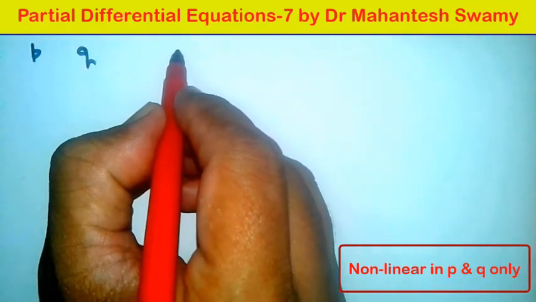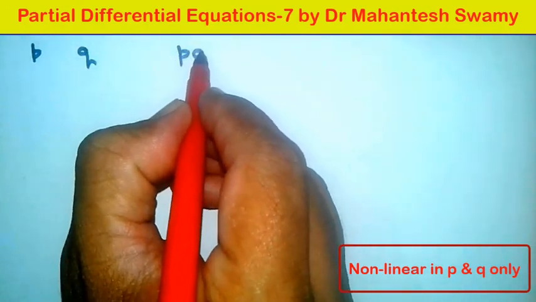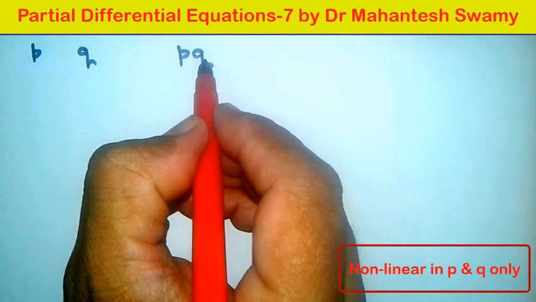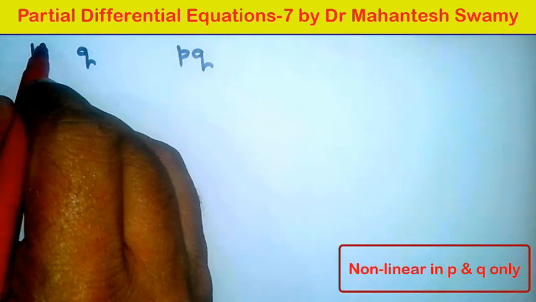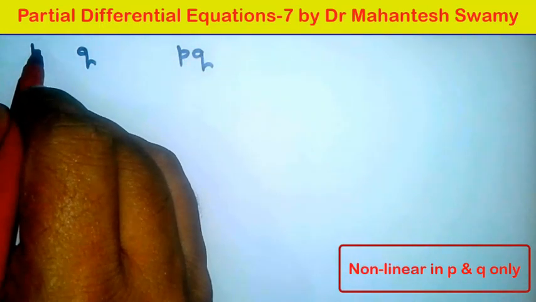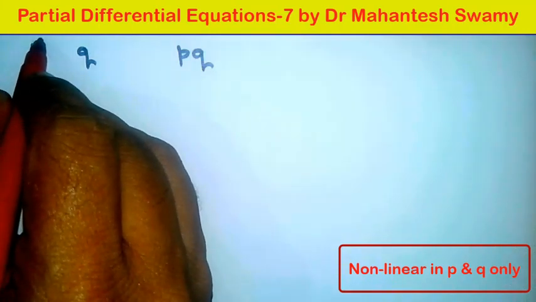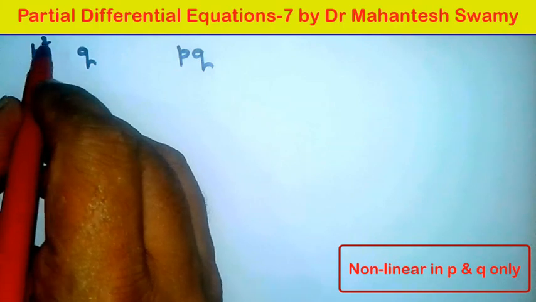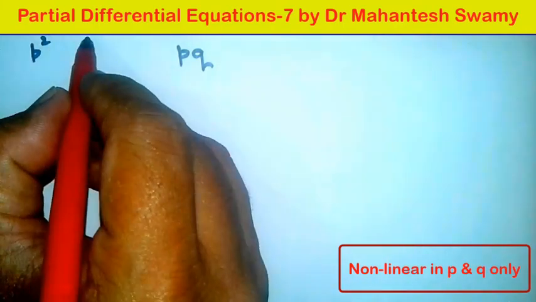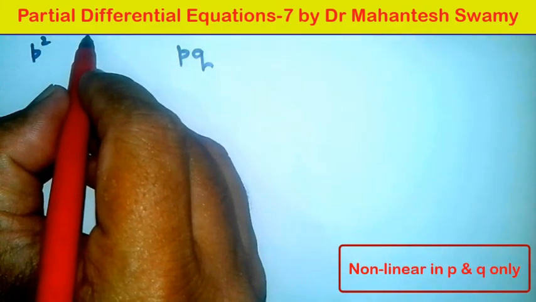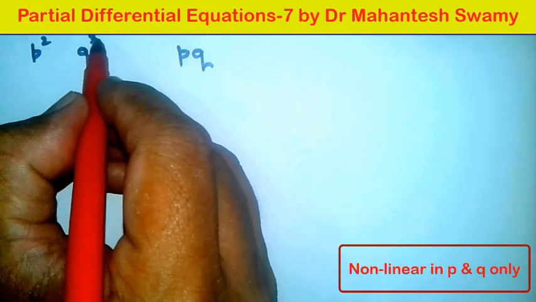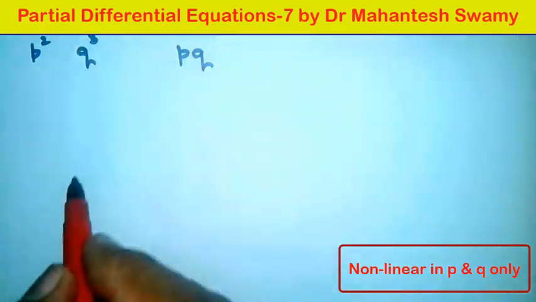That is, we will have a term like P into Q, or they appear in higher degrees. If we consider P separately, its degree will be P square or P cube, and Q will also be in a higher degree like Q cube, Q to the power of 2, Q to the power of 4, and so on.